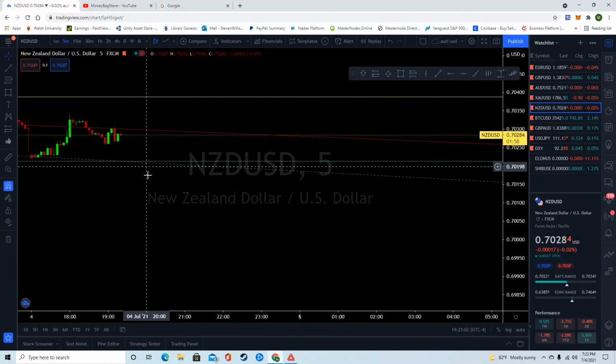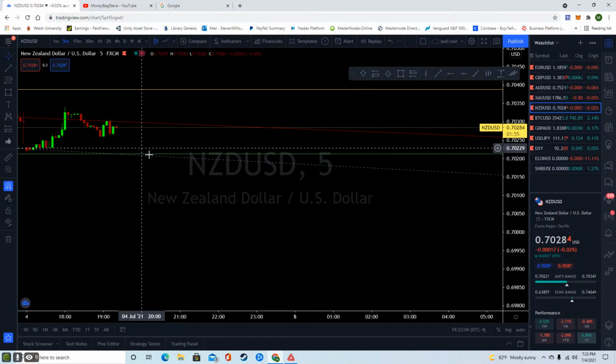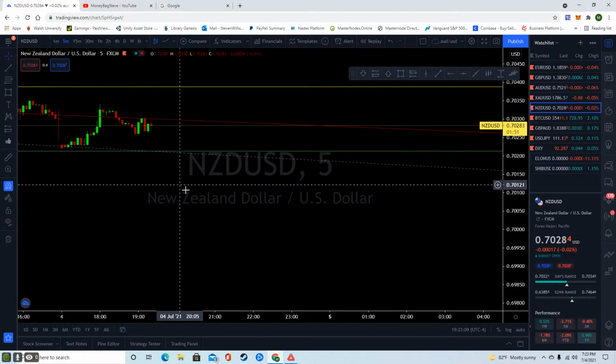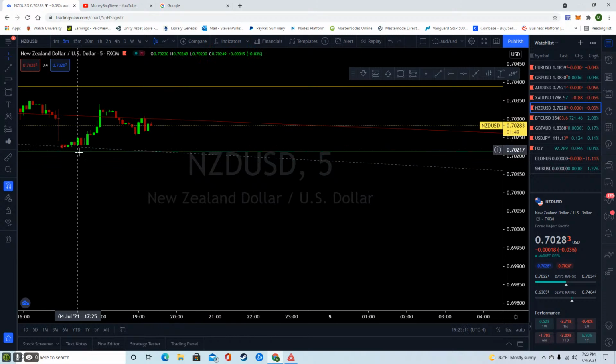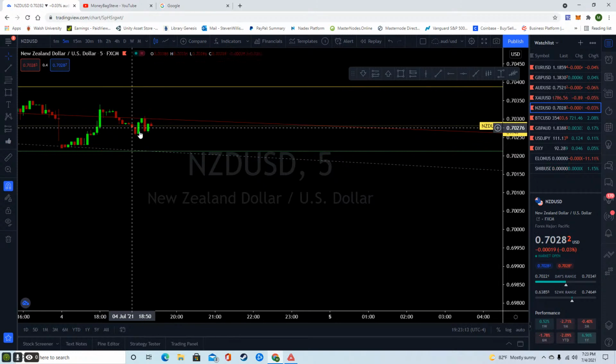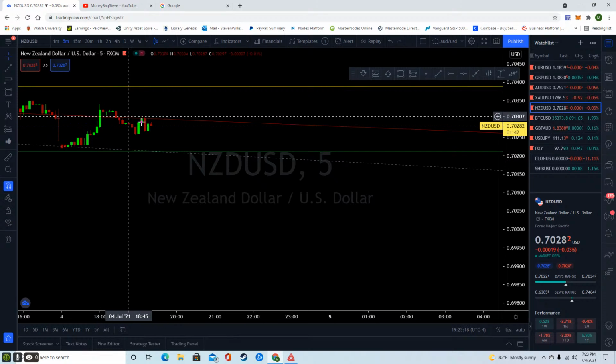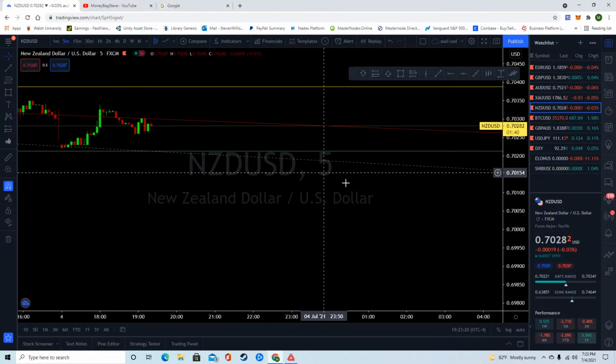So it'll have to break right here, right around the 70213 area, because it filled up the gap for the hour and now it's coming back down. Kind of did a fake out right there, breaking this trend line.